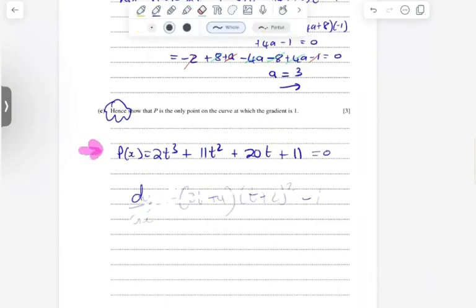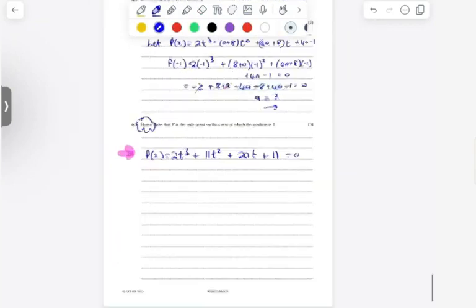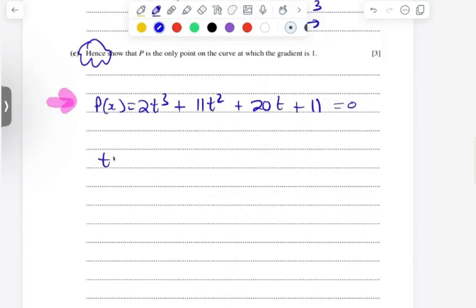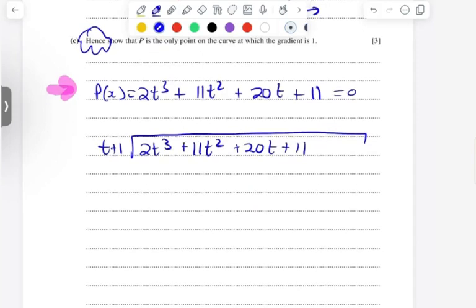We already know that this polynomial has one answer, and that is where t is equal to -1, so t plus 1 is a factor. Okay, so if I divide this, what do I have left? And whatever I have left should have no roots, if that makes sense, because otherwise you're going to have more answers. So let's just see what we have left.